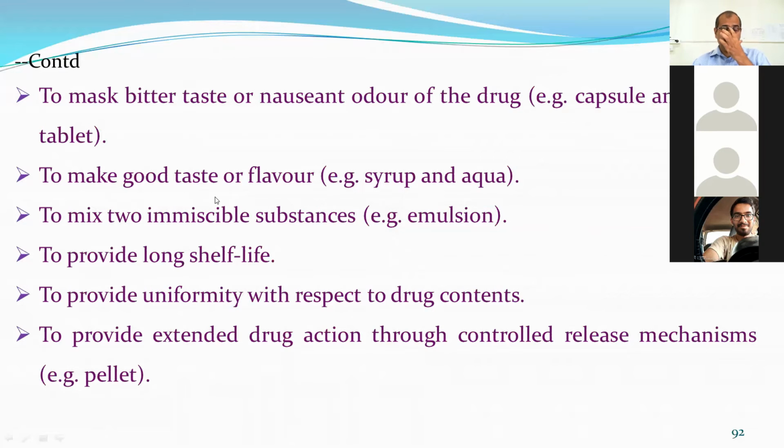Controlled release means a known quantity of the drug needs to be released per unit time. Especially implants and pellets are prepared in such a way that a small quantity of the drug is released into the system, and then it brings the action.